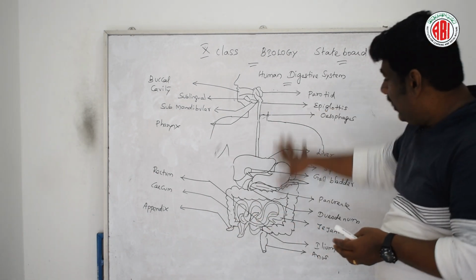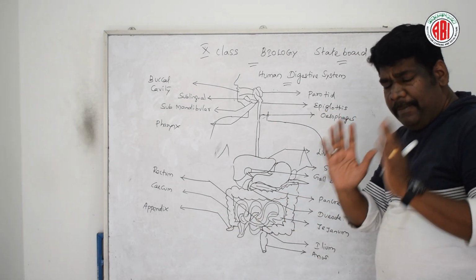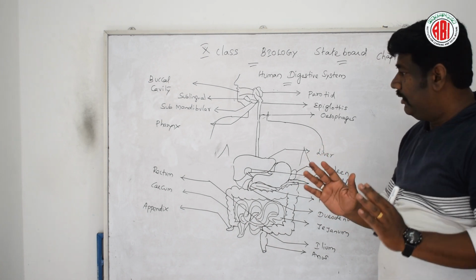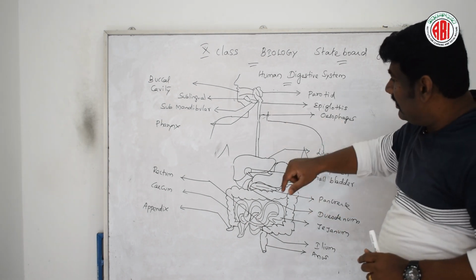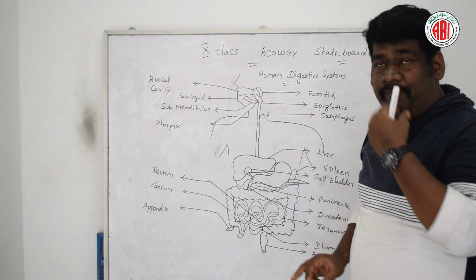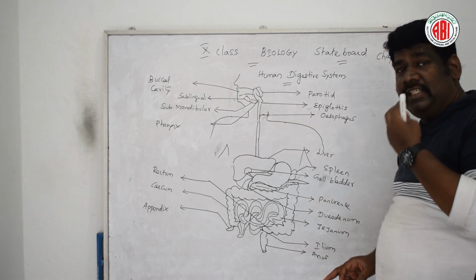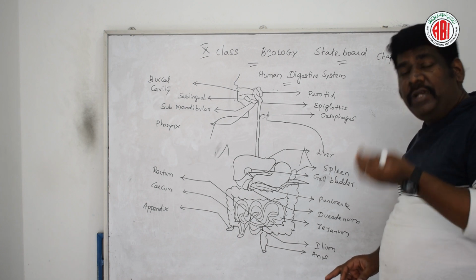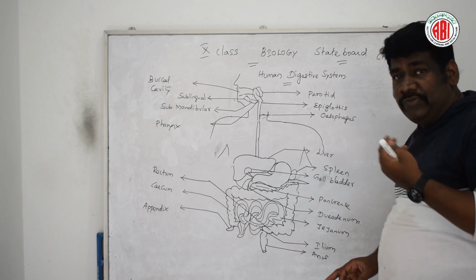Okay, so what are the major important parts we should remember? Let us discuss one by one. First is the buccal cavity, the cavity through which the food is chewed.